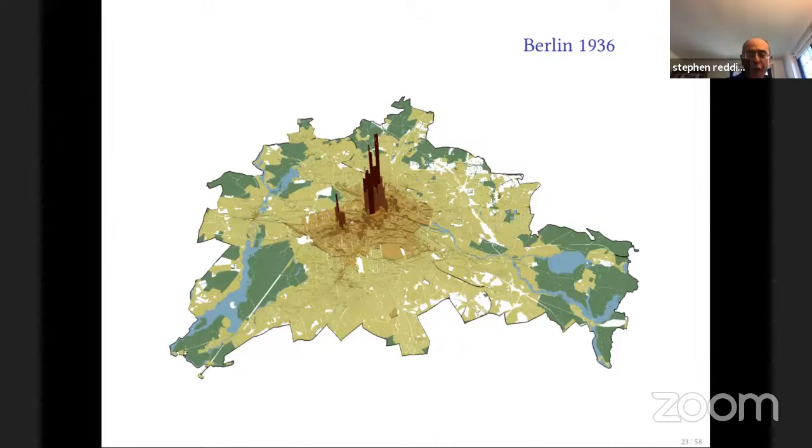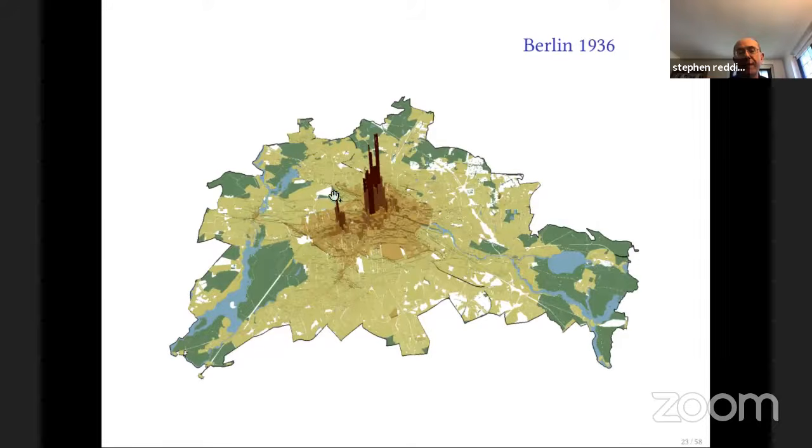And related to our earlier discussion of Alonso-Muth-Mills, you can see that Berlin was pretty much a monocentric city before division. There's a clear peak of land values here. And this peak is in the area Mitte, just east of the Berlin Wall, when it's subsequently built later. And then it's approximately monocentric, so you can see a sequence of concentric rings of progressively lower land prices around that central business district.